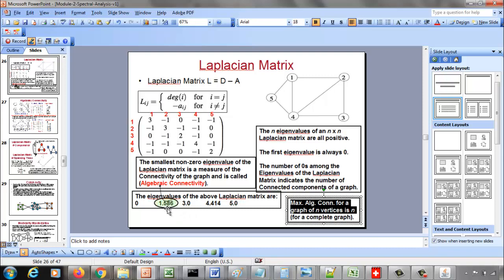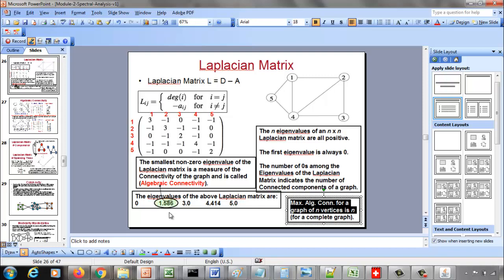So at most this could have been 5, but you get here 1.586. You can now have a feel of the connectivity. You could even take the ratio 1.586 divided by 5, but we don't take the ratio, we just take the eigenvalue as it is and say that is the algebraic connectivity of this graph.